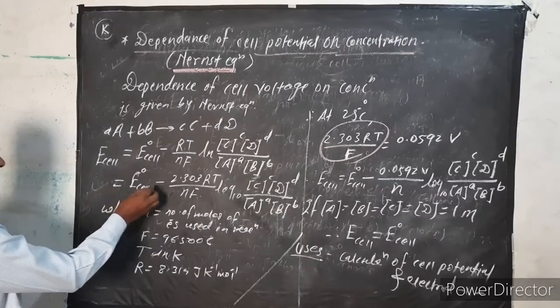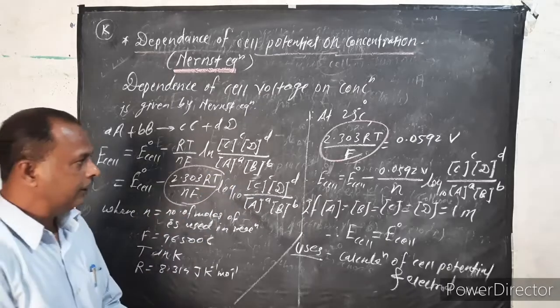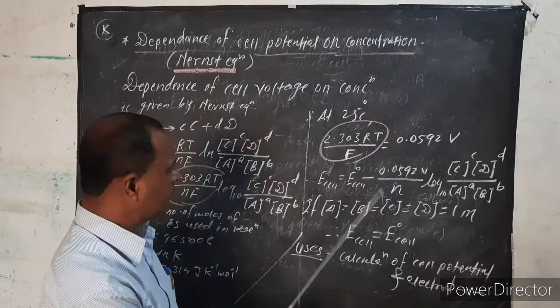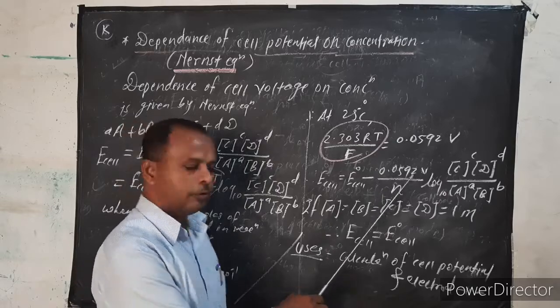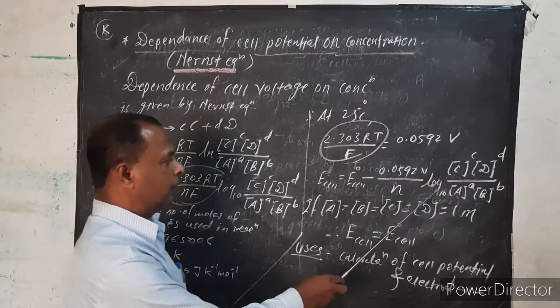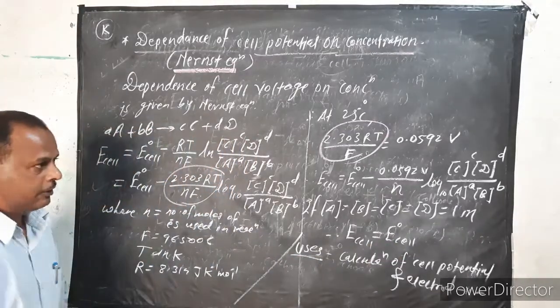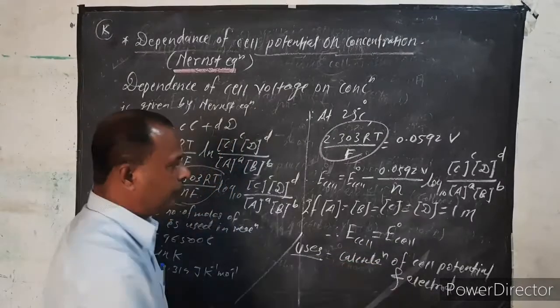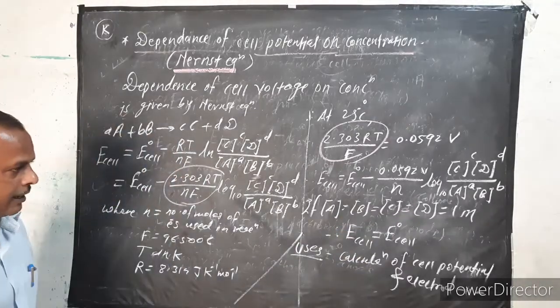Now if you put this value into equation number 1, the equation converts into E cell equals E naught cell minus 0.0592 volt over n, log to the base 10 of the concentration of products divided by the concentration of reactants.